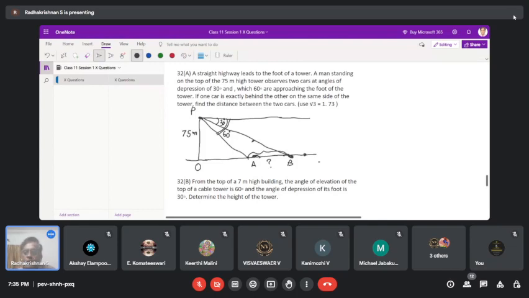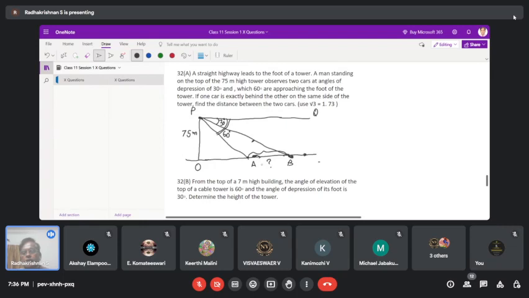First of all, let's bring these angles into the triangle. We have to get those somewhere in the triangles. For that we use the properties of parallel lines. OA and this line, let us say Q, are parallel, so this angle is 30 degrees.